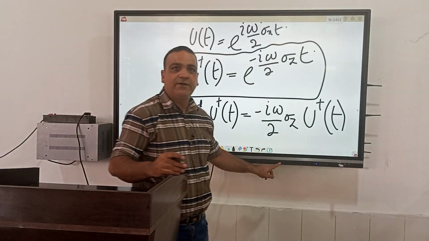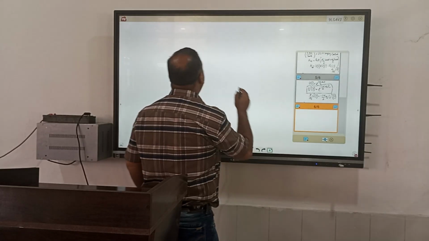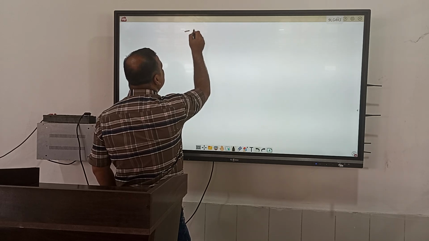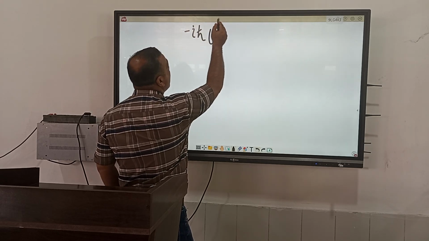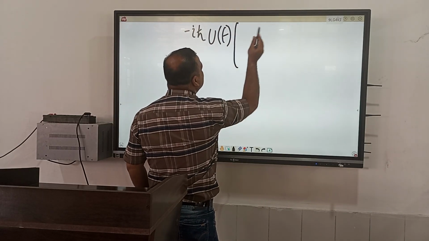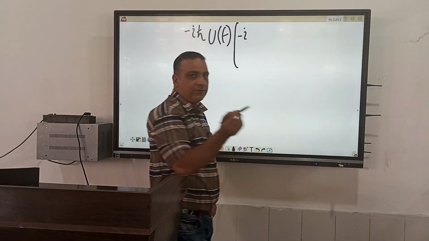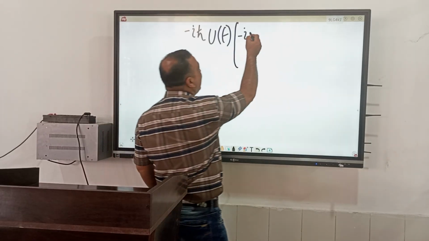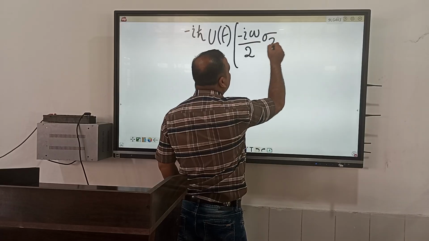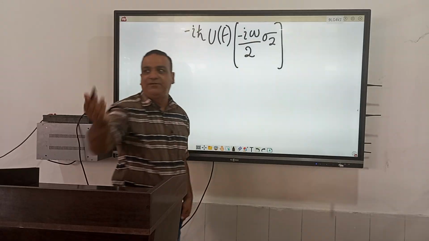I can move on to the next page. So, what we will have? We have been calculating minus i h cross U of t, and we have calculated this thing as minus i omega by 2 sigma z, and so U of t and U dagger of t will give us 1.